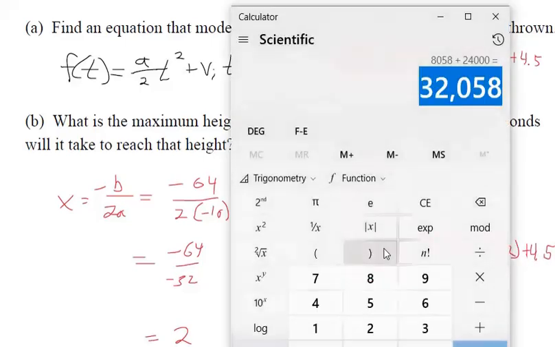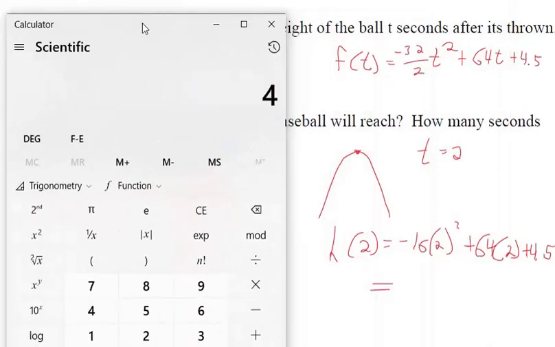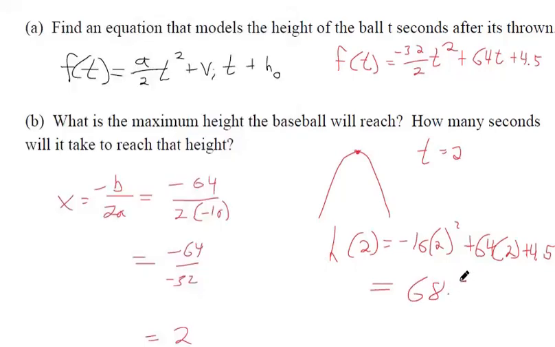Okay, so if we plug that in, we've got 4 times negative 16, so that's negative 64. Negative 64 plus 128, that's going to be 64. And then 64 plus 4.5 is 68.5. So the maximum height for my problem is 68.5 feet.